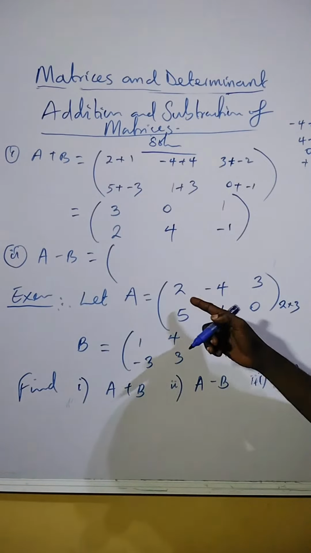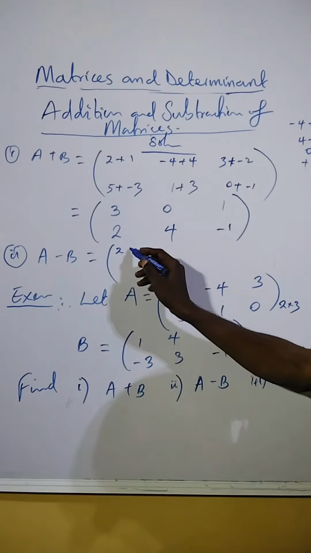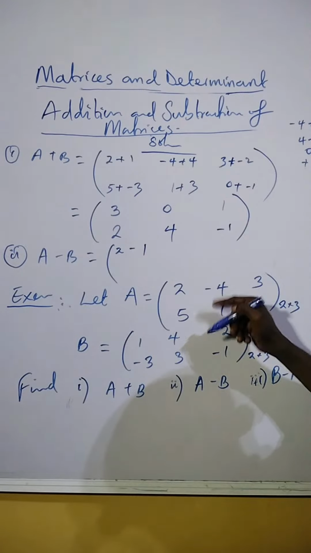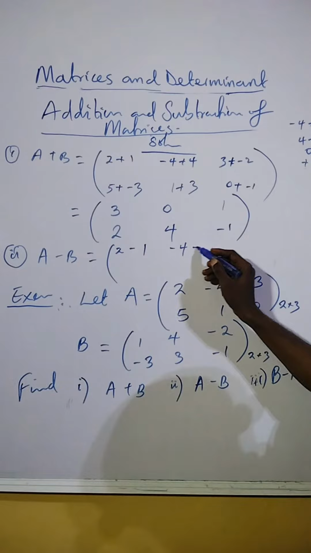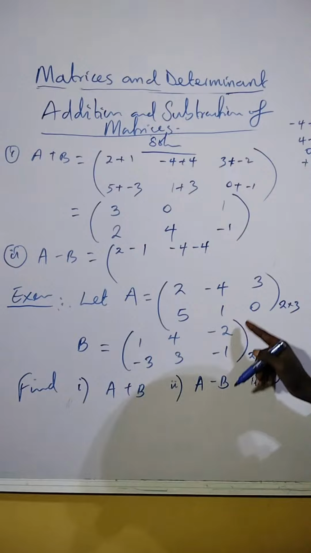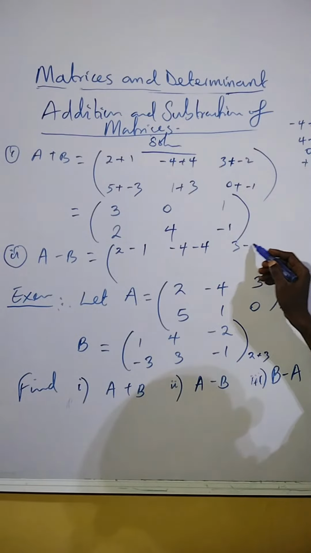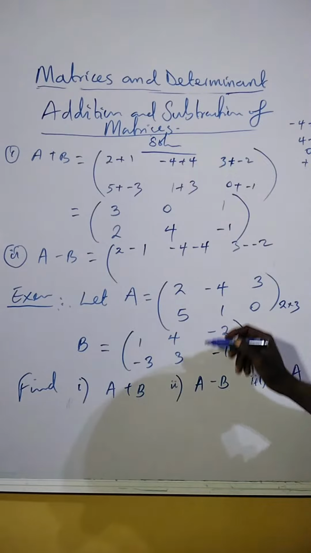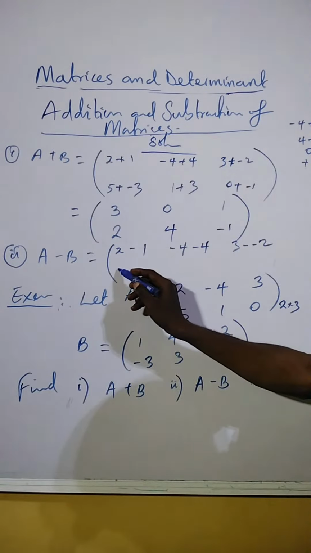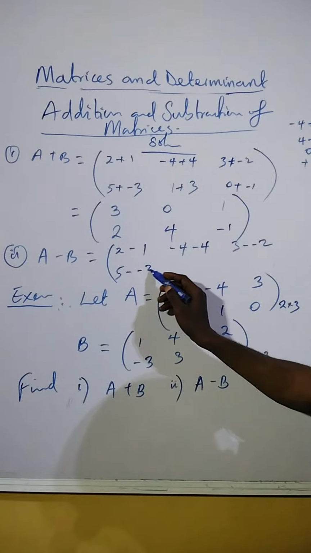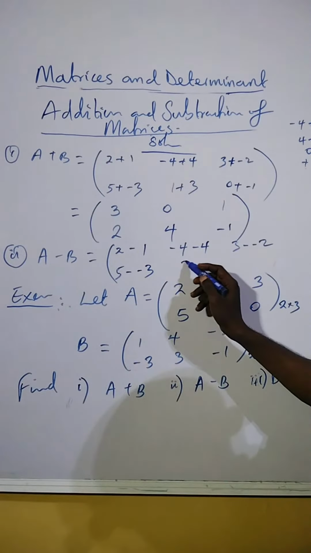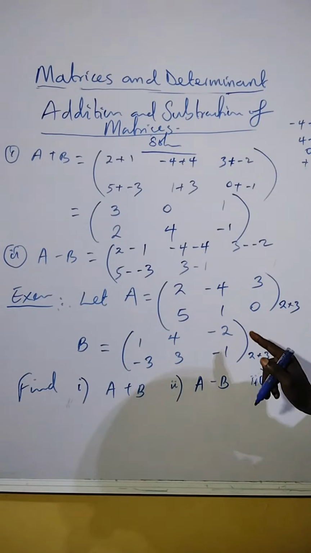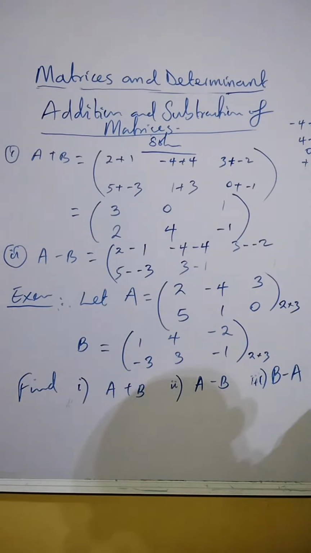A first: 2 minus 1, minus 4 minus 4, and 3 minus minus 2, then 5 minus minus 3, then 1 minus 3.